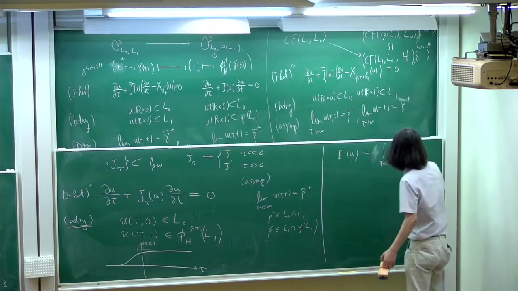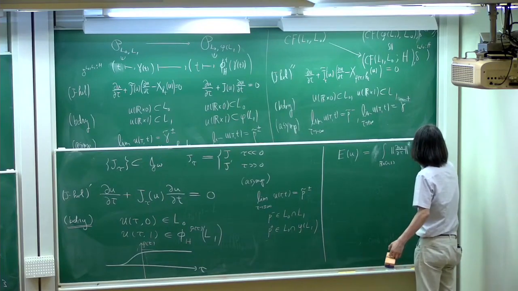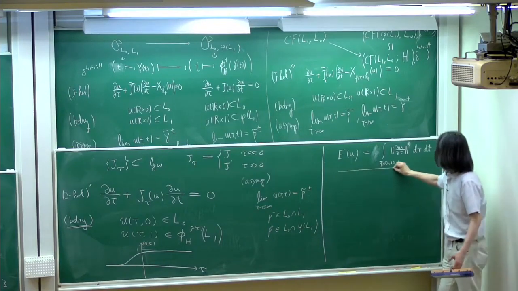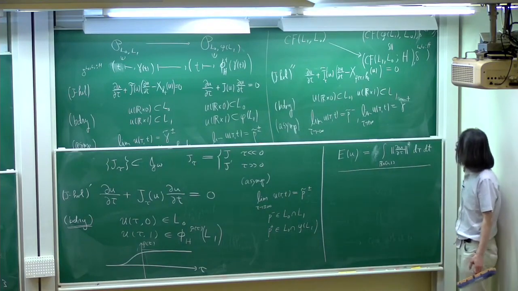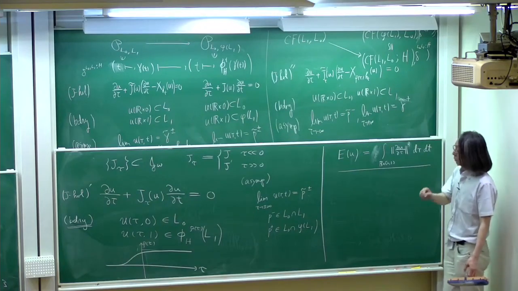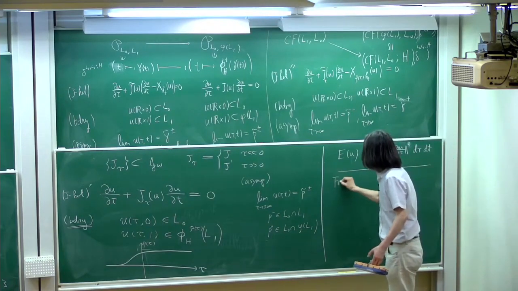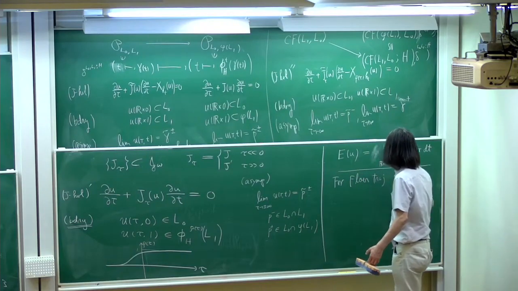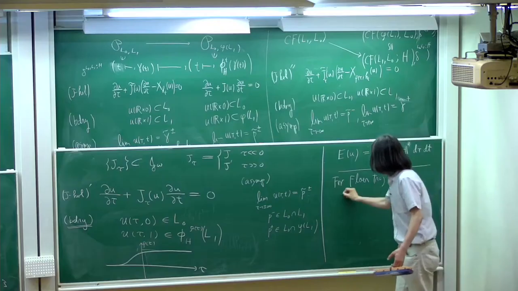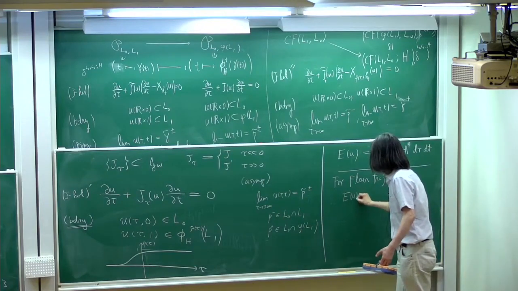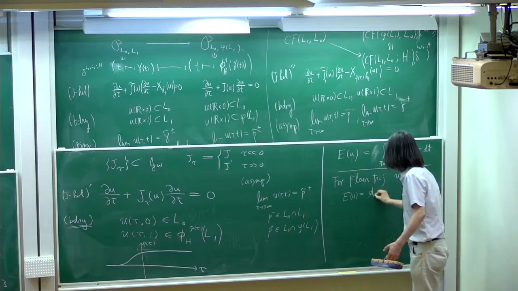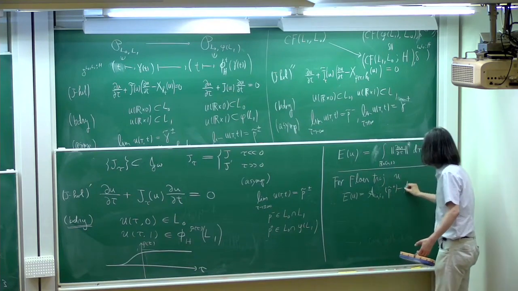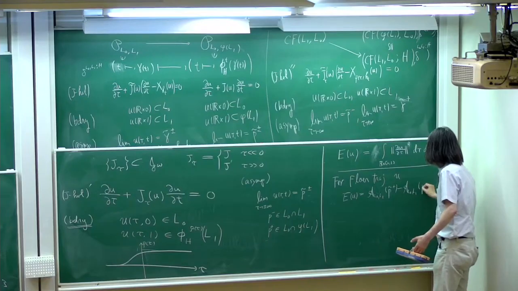Maybe better to just remove it, because then it's easier. So I define this as an energy, and then for a Floer trajectory u, we saw that E of u is equal to A_{L0,L1} of P tilde plus minus A_{L0,L1} of P tilde minus.